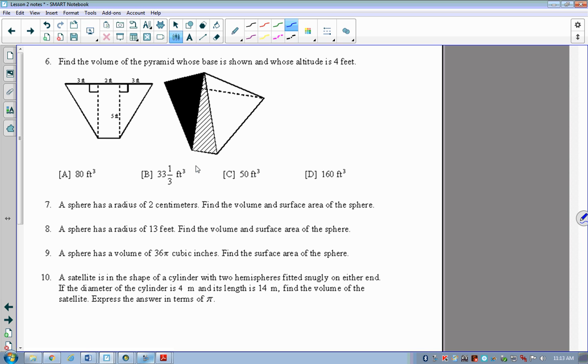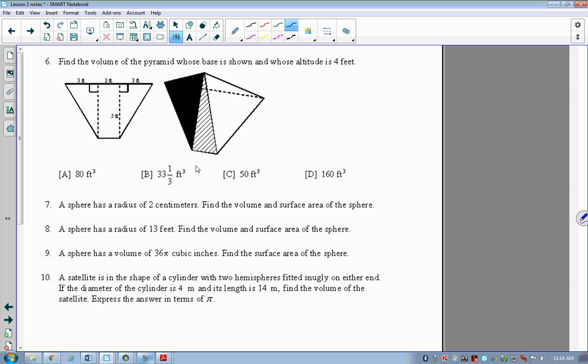That's going to be true of the hemispheres that are on either end. We want to find the volume of the satellite, express your answer in terms of pi. Here's the interesting thing about it. If I have 2 identical hemispheres on either end, if I took those off and put them together, what would I have? 1 sphere, right? So really what I'm doing is taking a cylinder plus a sphere.